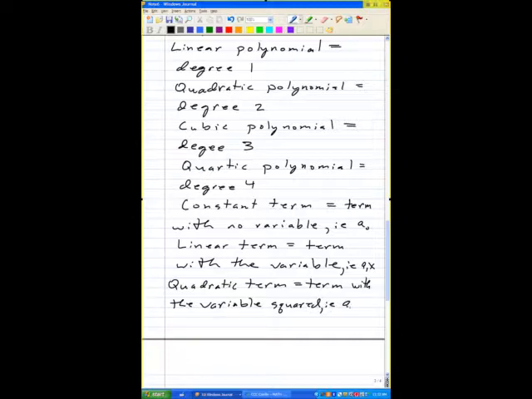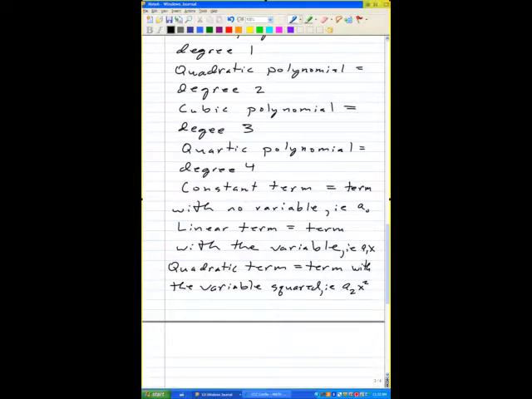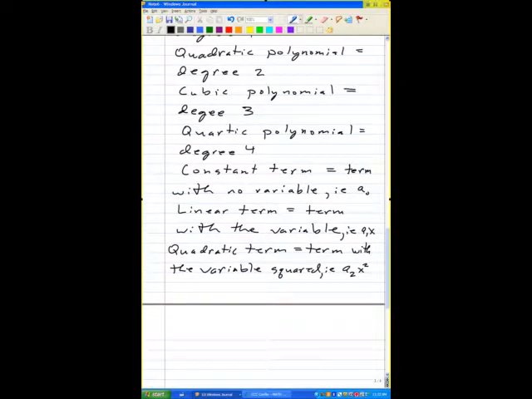So in the above it was a2x squared. The cubic term is a term with the variable cubed. So in the above case, it was the 3x cubed. I went to quartic.